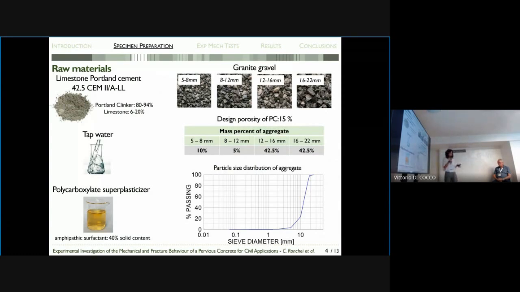In order to obtain a design porosity of PC equal to 15%, the particle size distribution of the aggregate is the one shown in the figure on the right-hand side. Finally, the additive is a polycarboxylate superplasticizer consisting of an amphipathic surfactant with 30% of solid content.